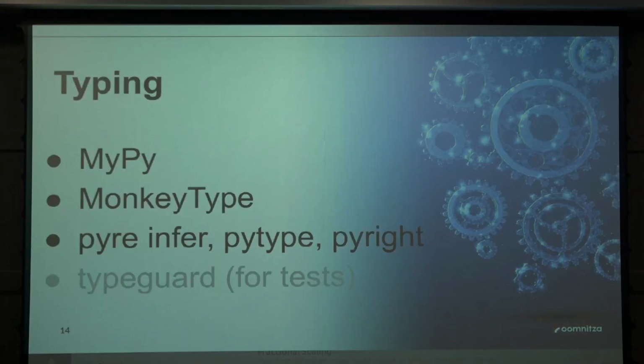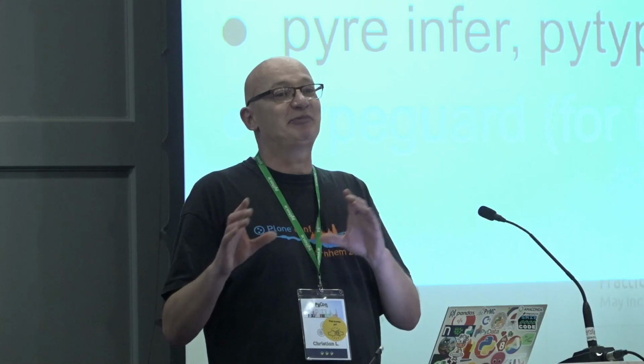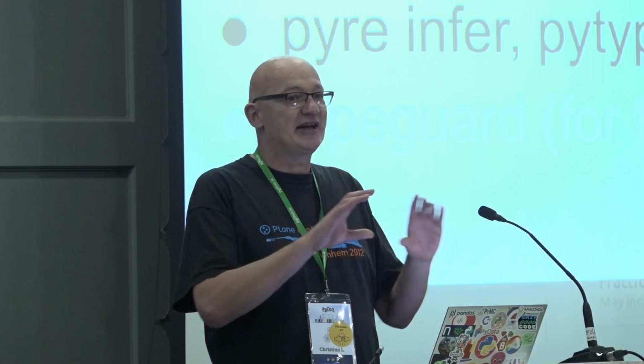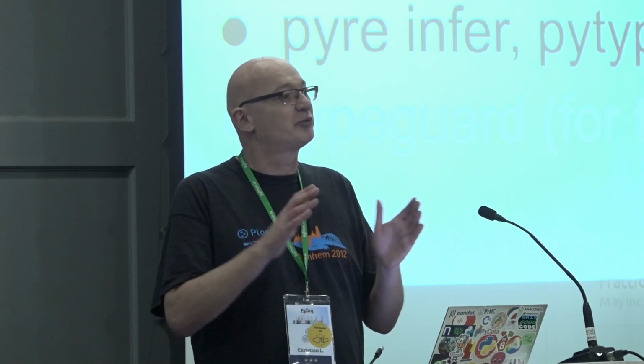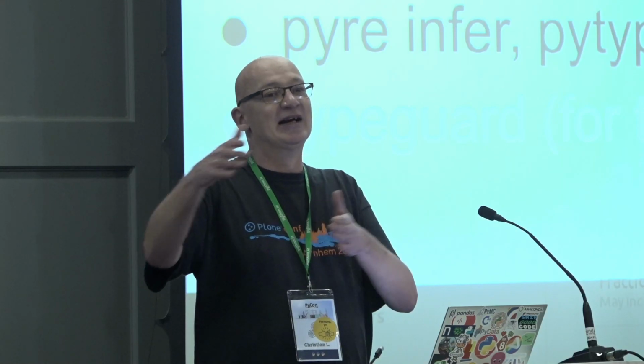Then there are the other type checkers. So there's Pyre from Meta, Pytype from Google, and Pyright from Microsoft. And if you have a partly type-annotated code base, they can infer types about what they observe by statically analyzing your code.